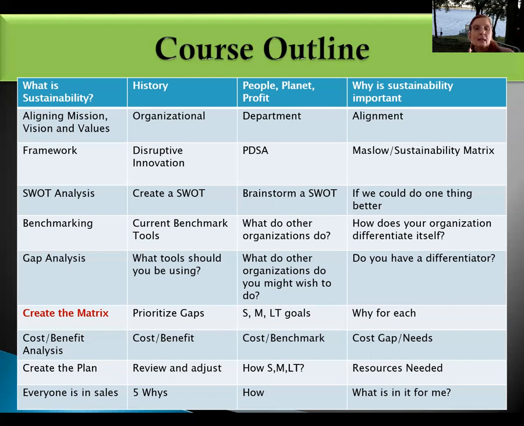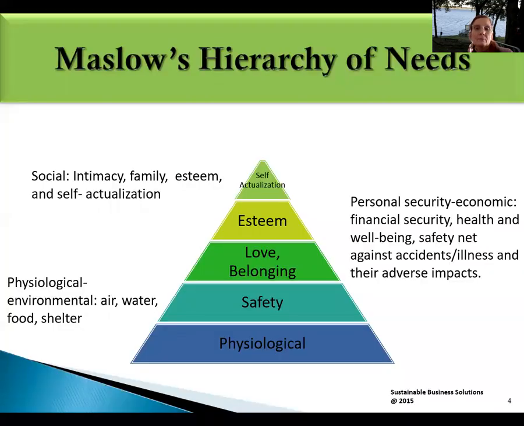We discussed what other organizations do, but you want to be creative, be a differentiator, and have your own creative process. So today we're going to talk about creating the sustainability matrix, prioritizing gaps, our short-term, medium-term, and long-term goals, and a why for each. So without further ado, let's get started.